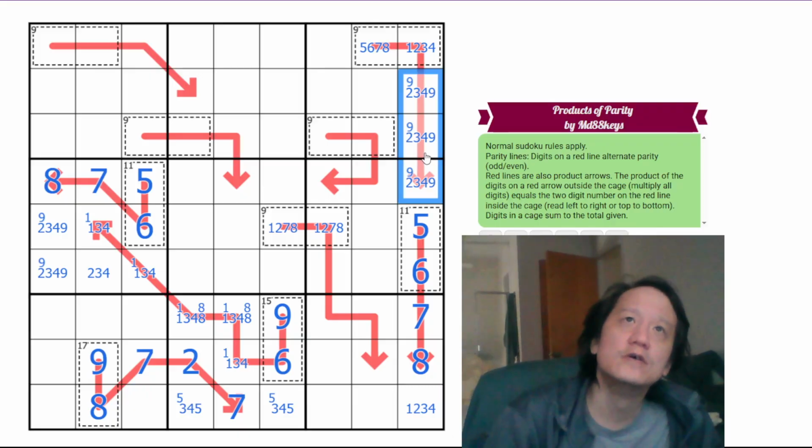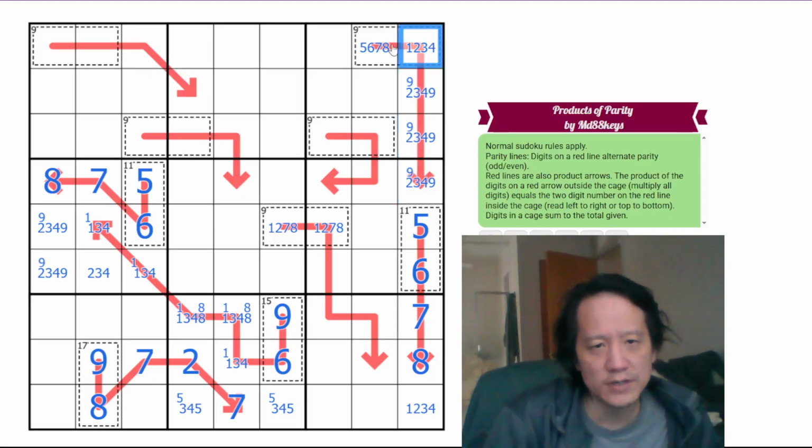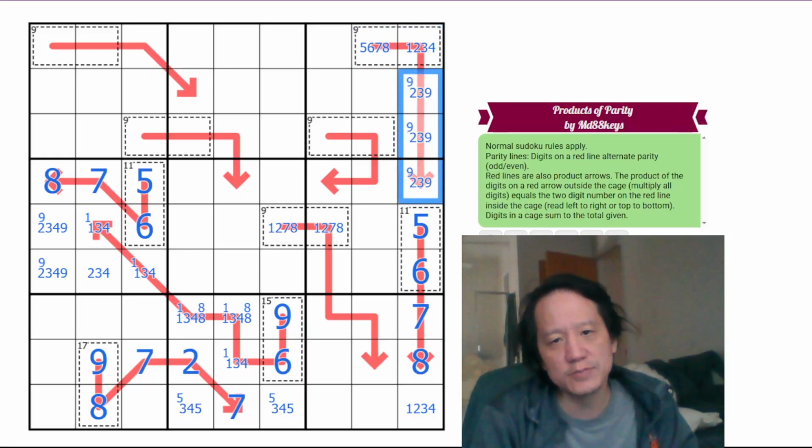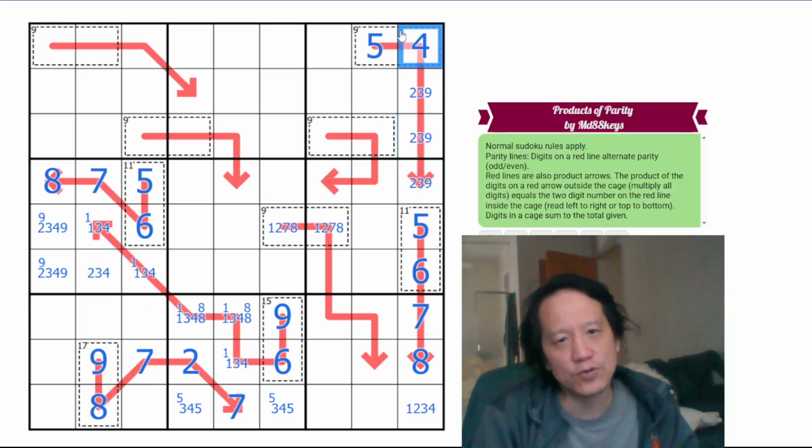No, so 12 times 9, that would be 90 plus 18, so it's 108. So that obviously doesn't work. So this must be 2 times 3 times 9, which multiplies to 54. So that's 54. This is a 1 then.